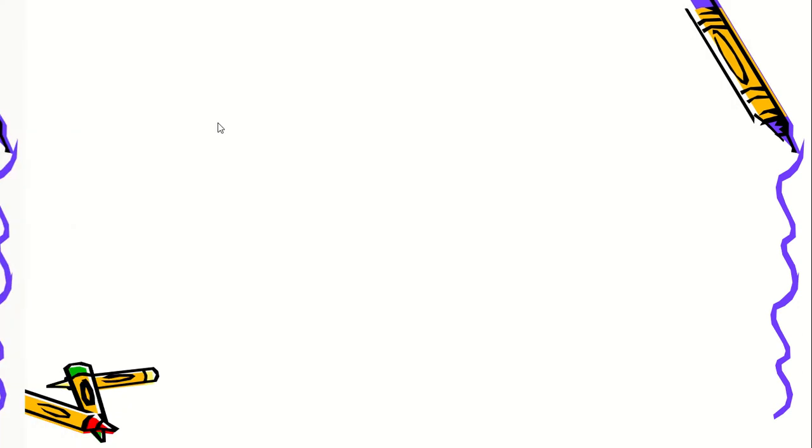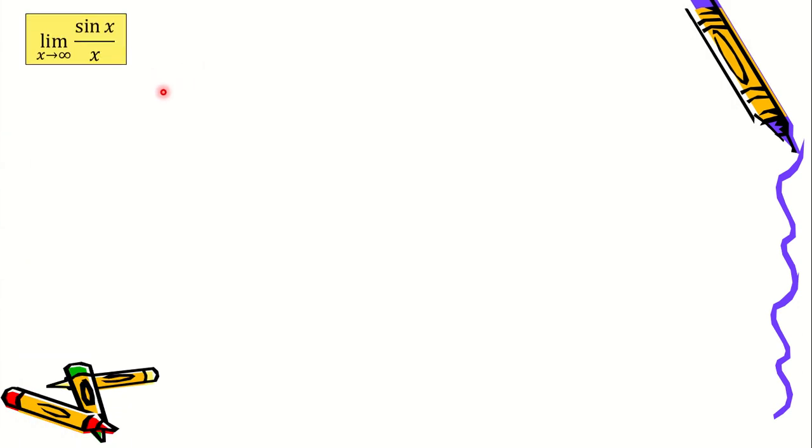Let's have example number 4. So what is the limit of sine x over x as x approaches infinity? So now this is not 0, by the way. This is infinity. And so when x approaches infinity, you need to consider the end behavior of the function.